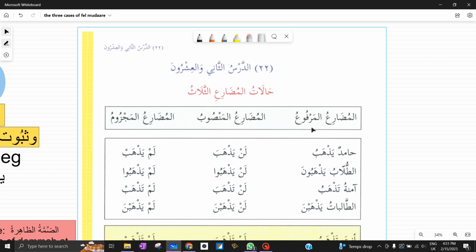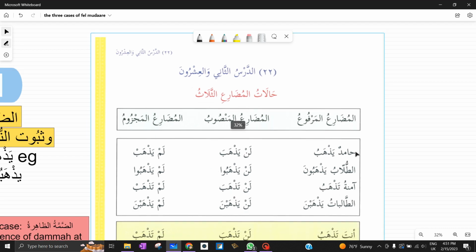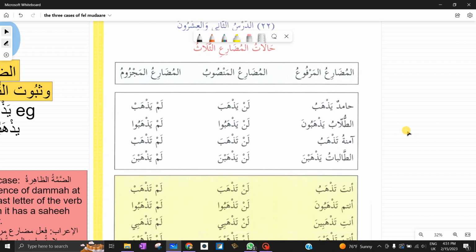Now, first we will know the three cases, that is marfu, mansoob and majzoom. Here, halatul mudare as-salas. Hala means situation. The situations of the present tense are three. As-salas, three. What are they? Marfu, mansoob and majzoom. Now here you can see, first they have given all the marfu cases.